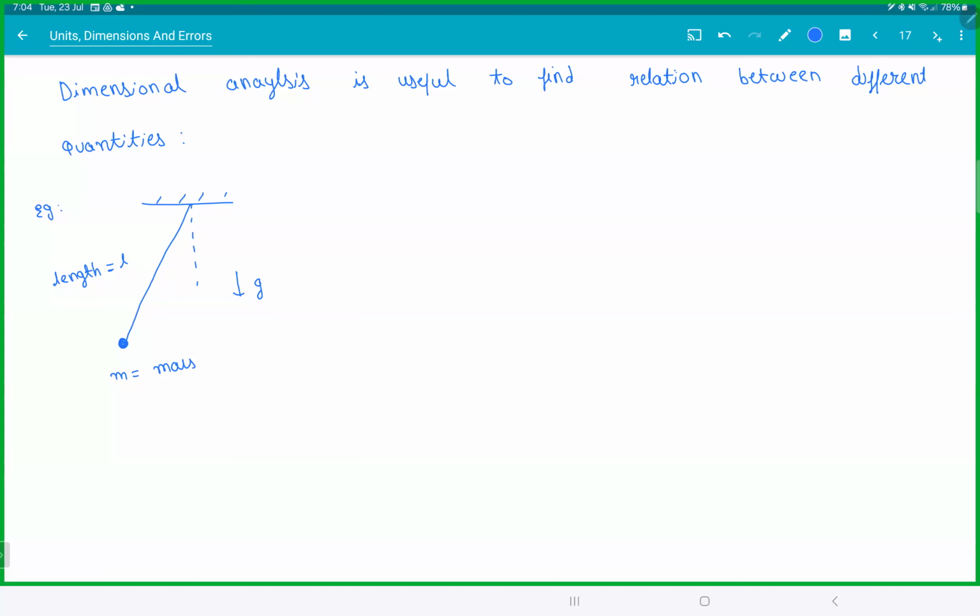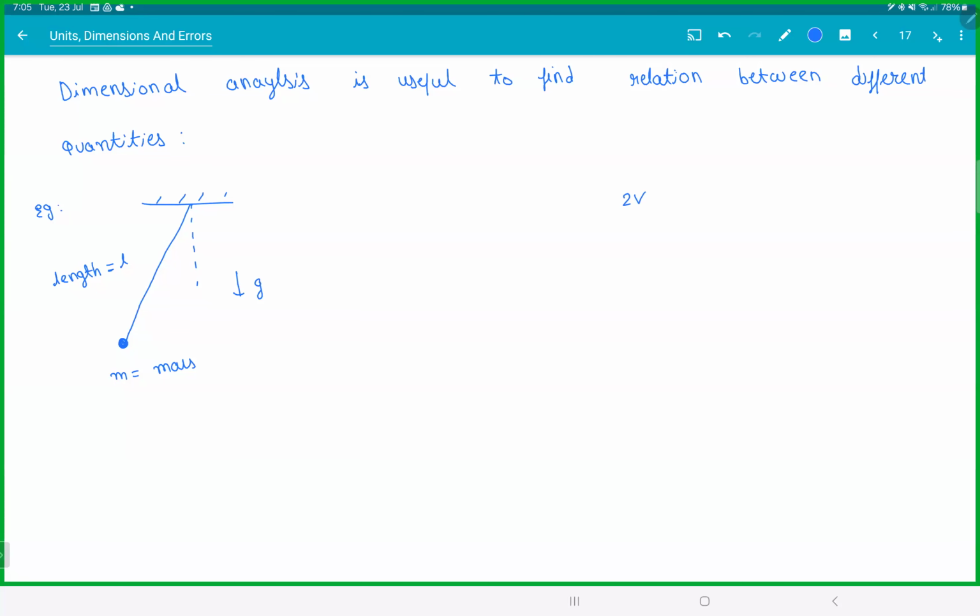Sometimes you'll see the experiment and you feel like, okay, this is depending on length, this is depending on velocity, this is depending on so and so. Let me give an example. If a body is going faster, does it have more energy? Makes sense. Simple thing. Everyone says yes. So if the speed doubles, by what rate is the energy changing?